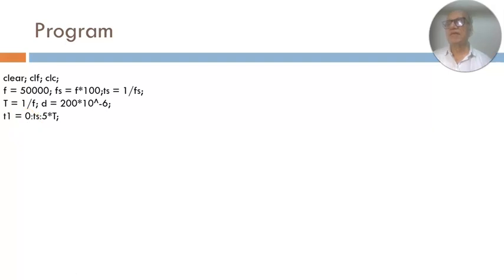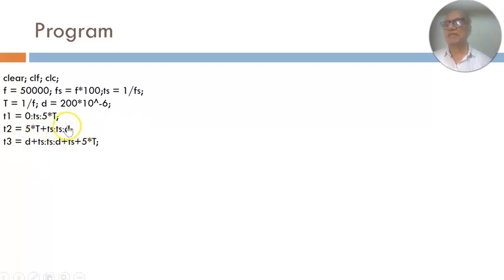Now we generate our time vectors that we have already discussed. So 0 to 5T, that is up to t1. Then t2 is 5T plus Ts. Mind you, from here you must take the next sample. Then Ts is your sampling time, and d is the delay; that is the end of t2.